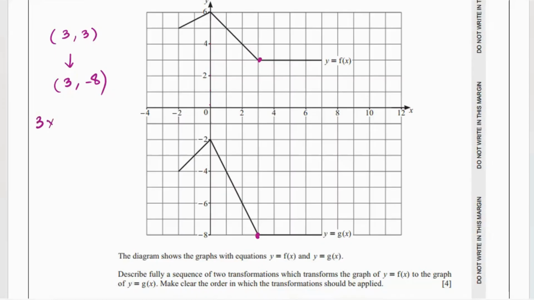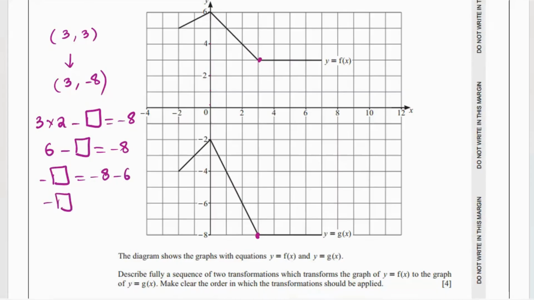So 3 times 2 minus something equals -8. 3 times 2 is 6. And -8 minus 6 is going to be -14. So that means the graph is shifting 14 units down. So first we multiply the graph by a scale factor of 2, and then we shift the graph 14 units down.